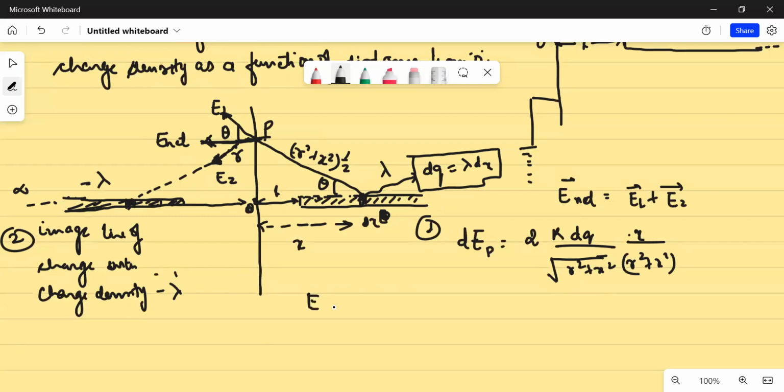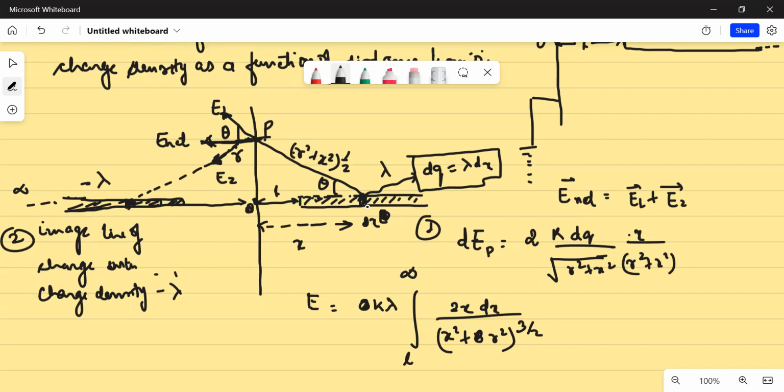So your net electric field in this direction, I'll write it as dE. So your E would be equal to what? It will be equal to K integral. What is dq? dq would be lambda dx, right? So I'll place lambda outside, and this would be 2x dx divided by x square plus small r square raised to power 3 by 2. And from where to where? This x would vary from L to infinity.